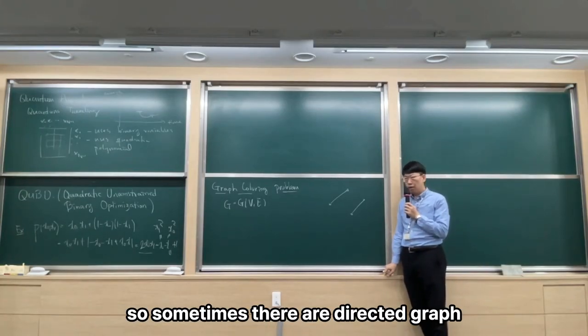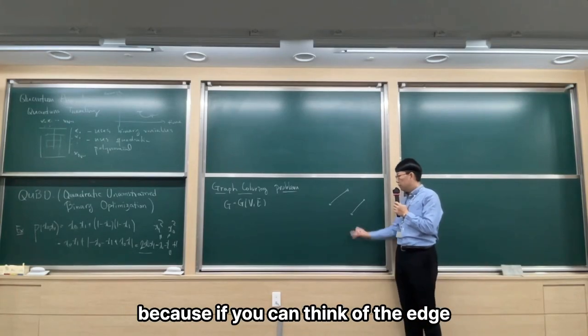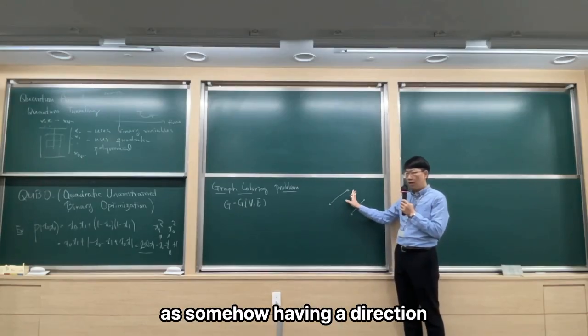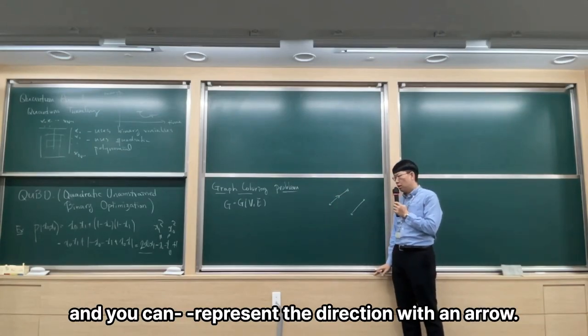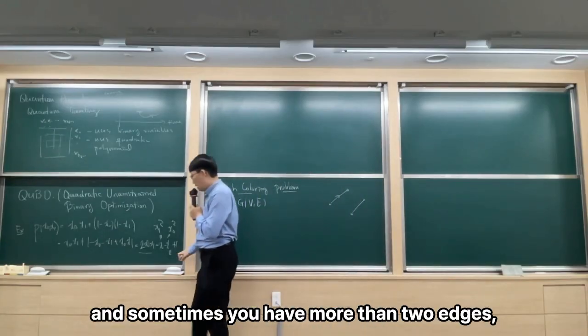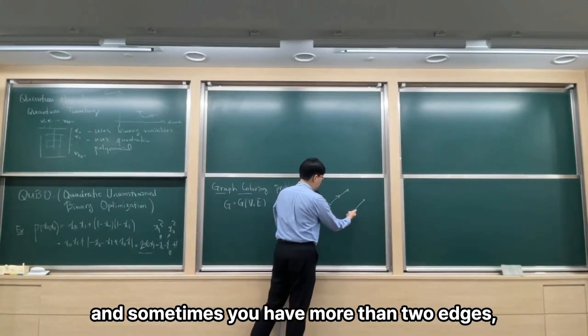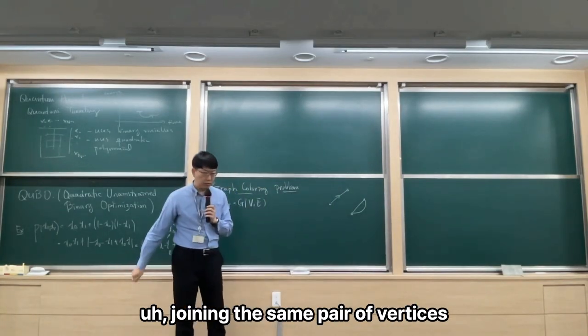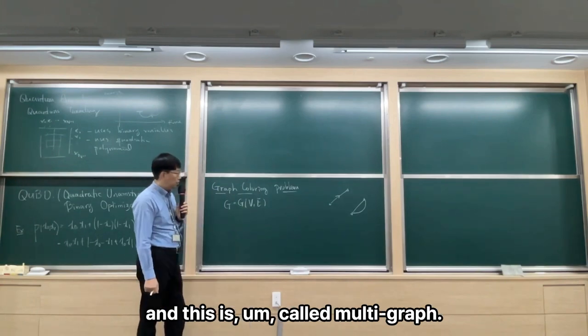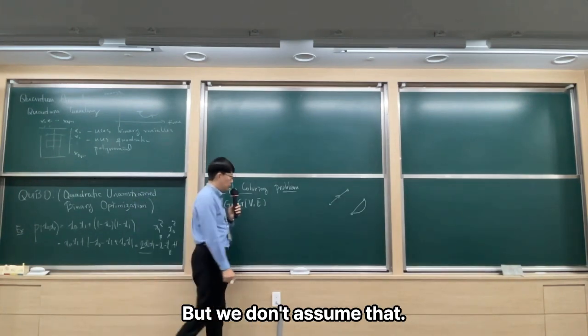There are many types of graphs. Sometimes there are directed graphs, where you think of each edge as having a direction, and you can represent the direction with an arrow. That's called a directed graph. And sometimes you have more than one edge joining the same pair of vertices, and this is called a multigraph. But we don't assume that.